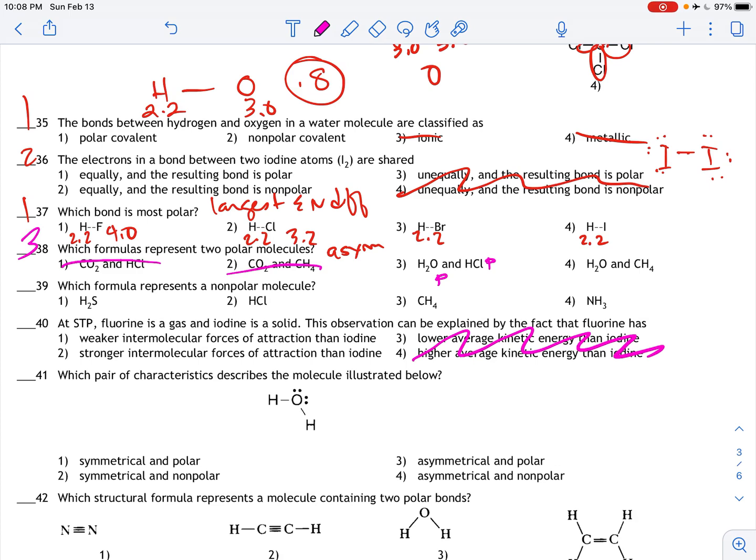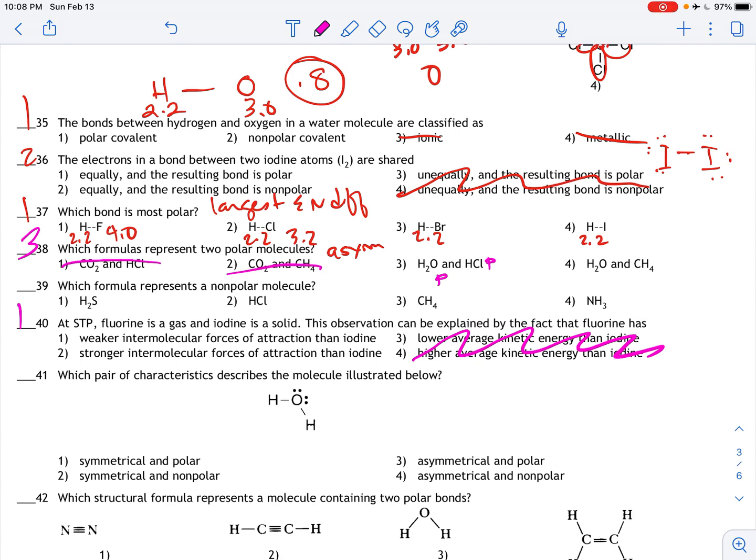Fluorine has weaker forces because fluorine is a gas. Yes. So make sure you read what it's talking about. Fluorine has stronger intermolecular forces? No, fluorine is the gas, which means the particles are just going away. Liquid would be sort of strong. Iodine, the solid, would be the strongest.